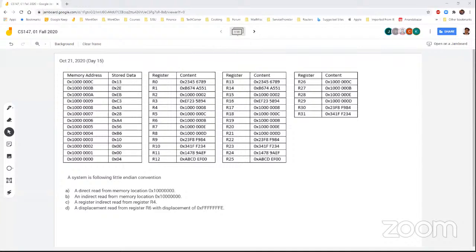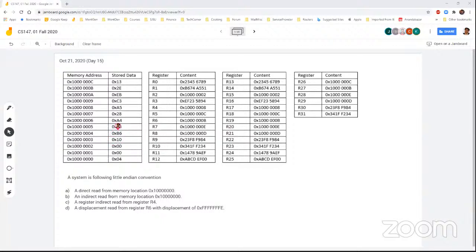Let's say we have a snippet of the memory with all the addresses, and also a snippet of the register content. This is my memory, starting from a location of 10000000 till 000C, and some data are stored, where each location is byte addressable.